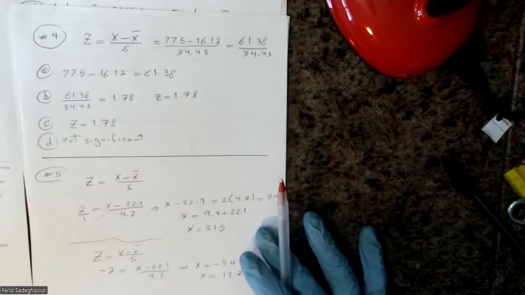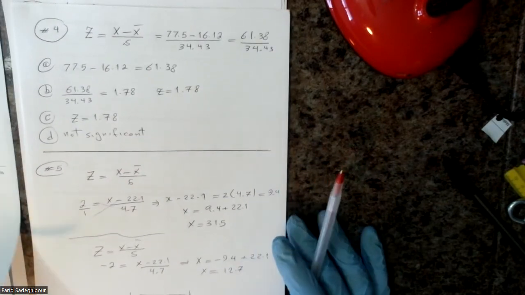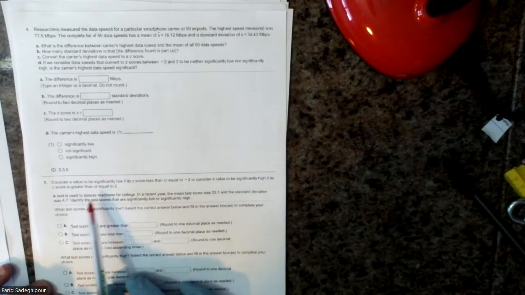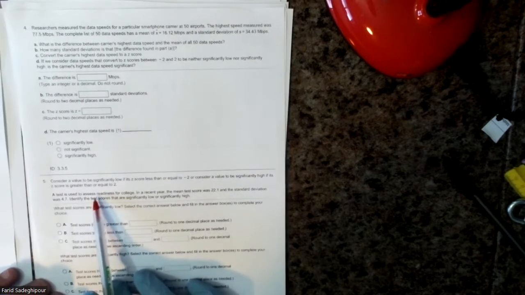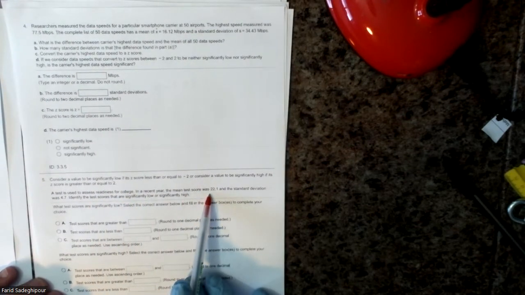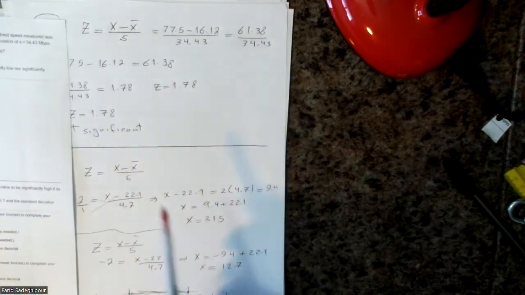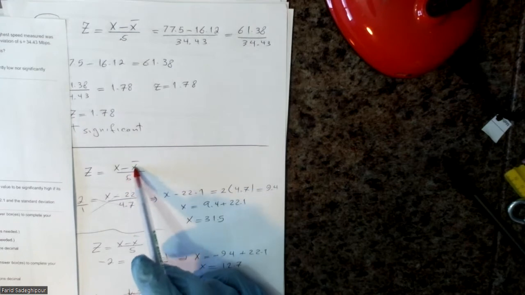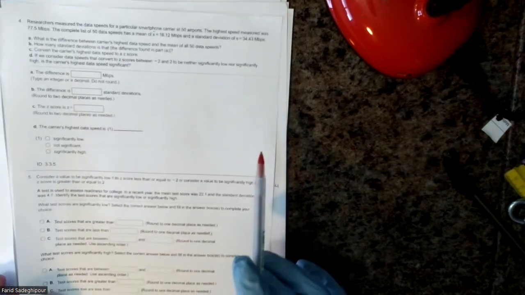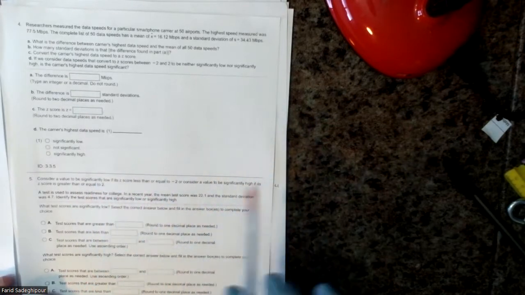And then the next problem, number 5. What they gave you is a test used to assess the readiness of a college. The mean is 22.1 and the standard deviation is 4.7. So the mean and standard deviation are both given. And for the value of z, they say it is between 2 and -2.